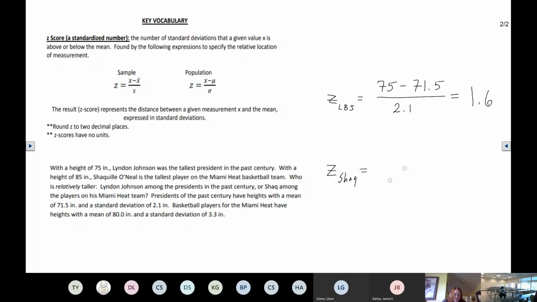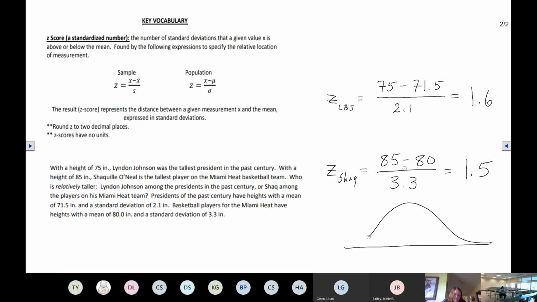All right, so 85 minus 80 divided by 3.3. All right, somebody give me that number. 1.5. So who is relatively taller? Well, you take your handy-dandy empirical rule, and since this is z-scores, 0, 1, 2, 3, -1, -2, -3.